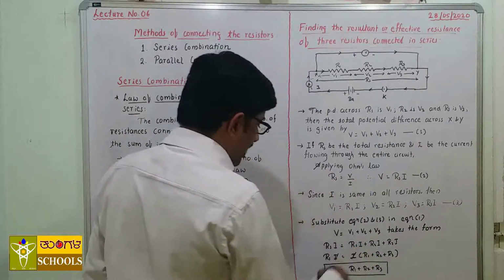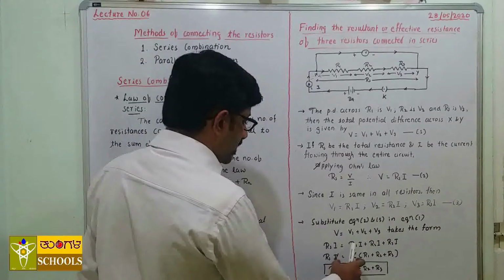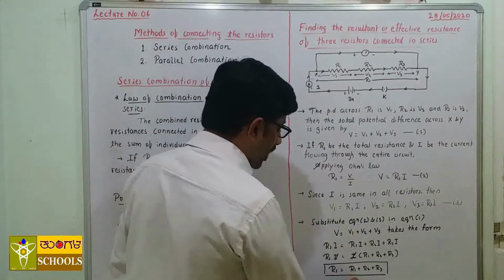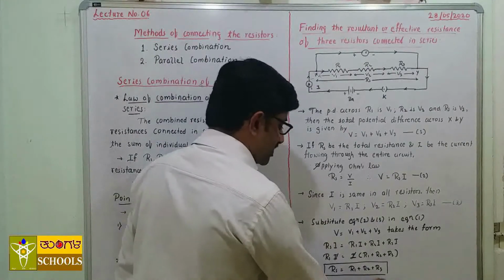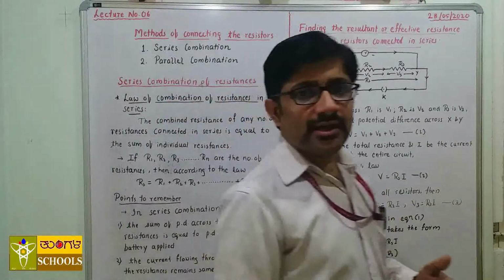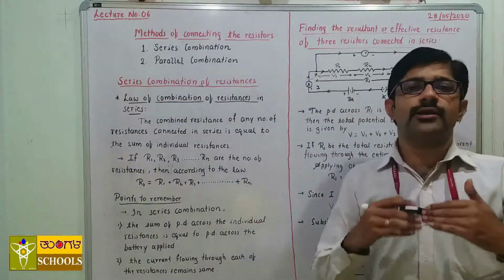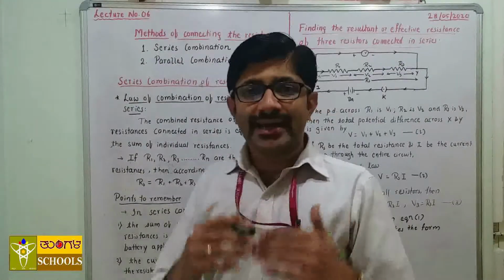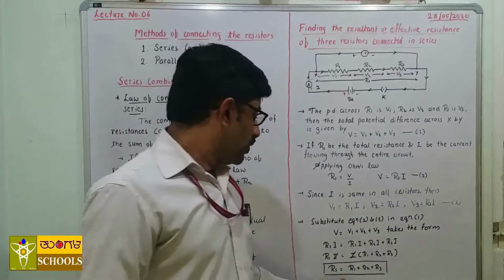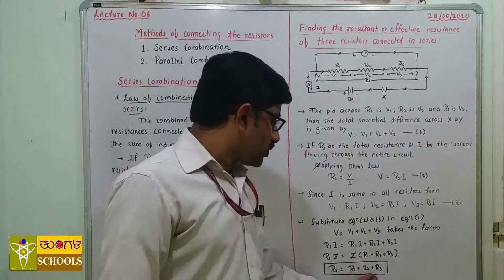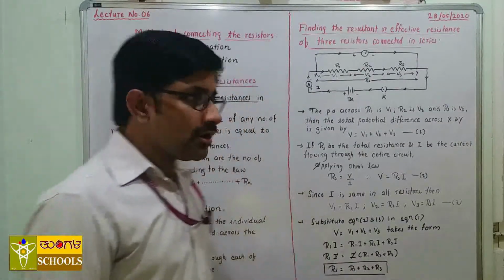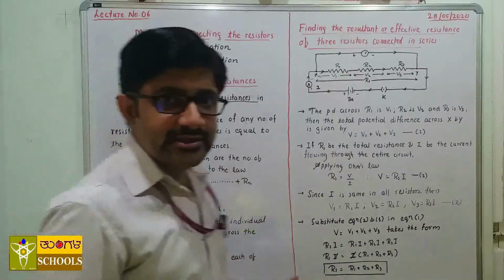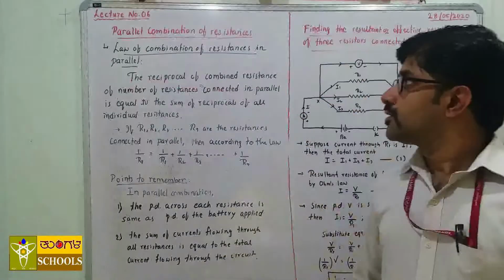By that you can cancel I on the LHS and RHS, that is Rs equals R1 plus R2 plus R3. So the series, resultant or effective resistance of three resistors connected in series is equal to the sum of the individual resistances. So that holds the law of combination of resistances connected in series.